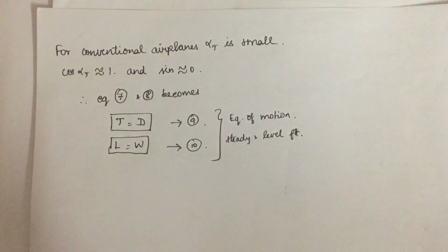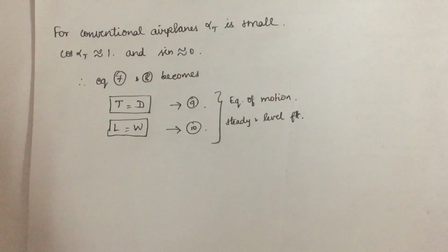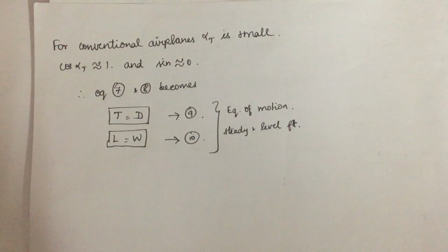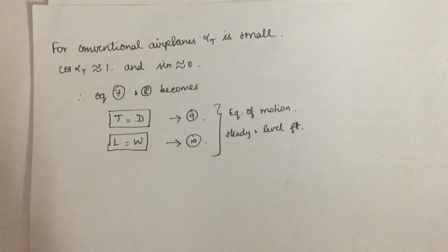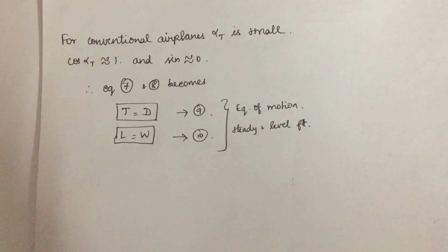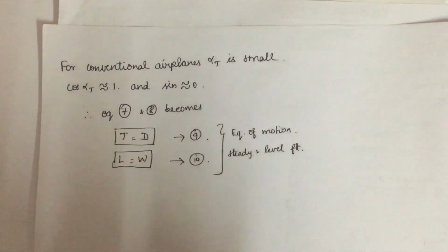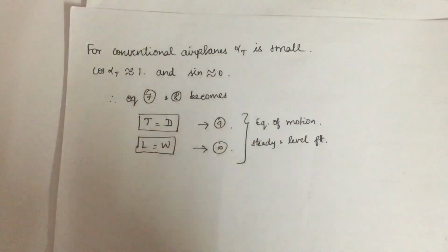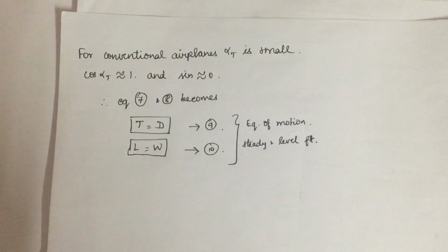So when I substitute this set of values in equations 7 and 8, I have thrust equal to drag and lift equal to weight. So this is the final result. Equation number 9 and equation number 10 are your equations of motion for a steady level flight, an unaccelerated flight condition. Okay, so that is a quick derivation of your equations of motion. Okay, so thank you all.